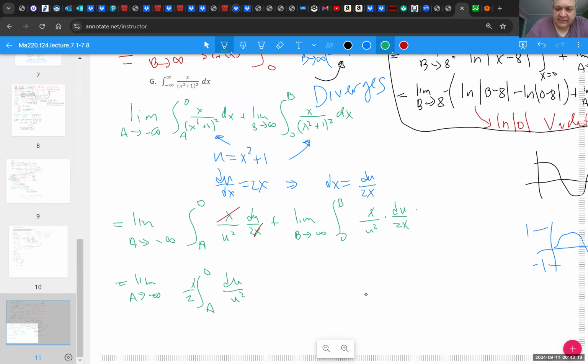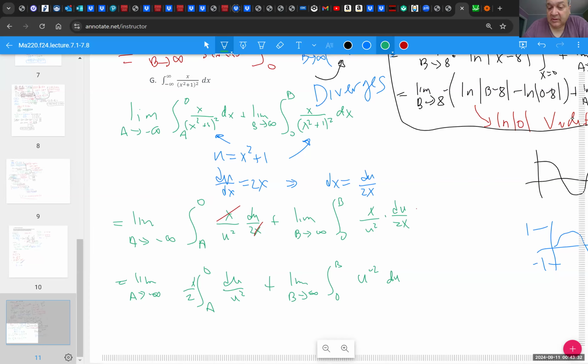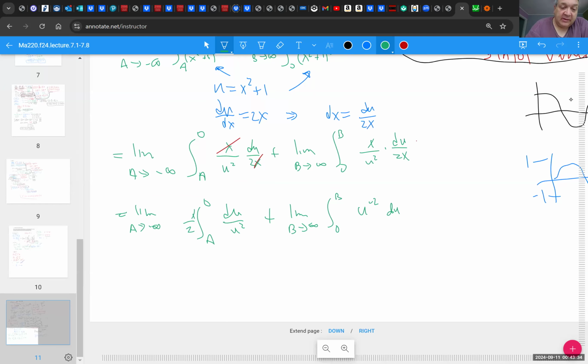And over here, I have the same thing, and the x's divide out. Instead of u squared, I'm going to remind you that's u to the negative 2, because u squared in the denominator is u to the negative 2. I'm writing it that way just to remind you how we can anti-differentiate this by using the power rule. We just add 1 to the exponent, etc.